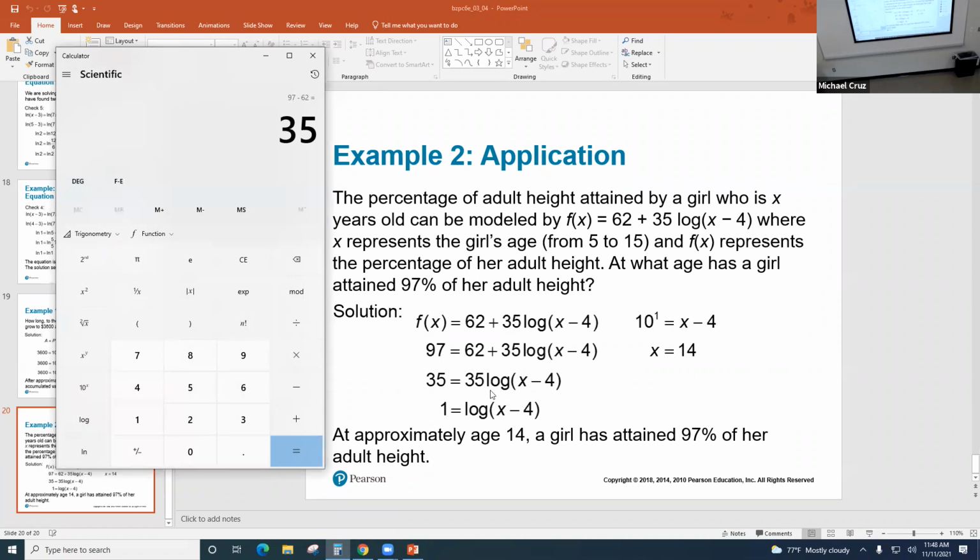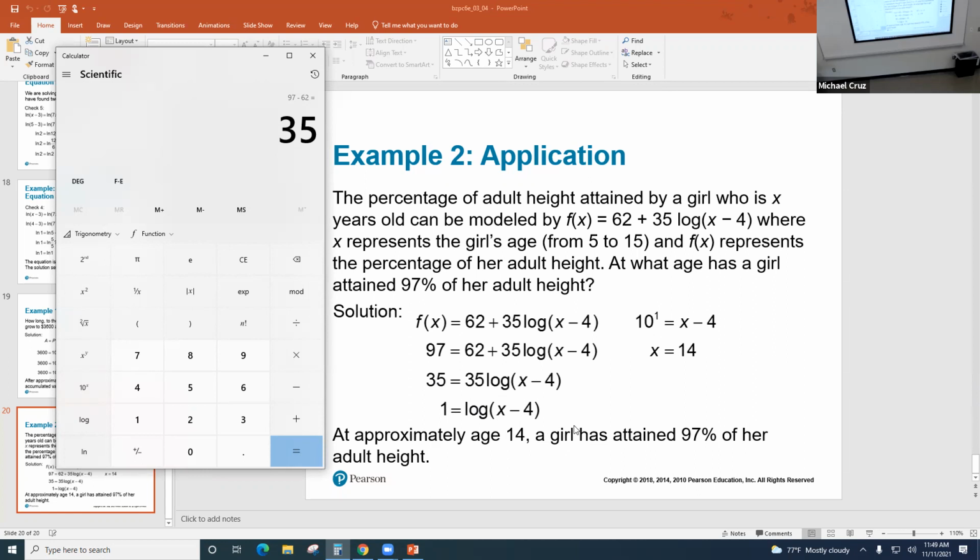And over here is that clump of things that are multiplied. All right. Divide both sides by 35. So 35 divided by this side just leaves us with log of x minus 4. 35 divided by 35 is 1.